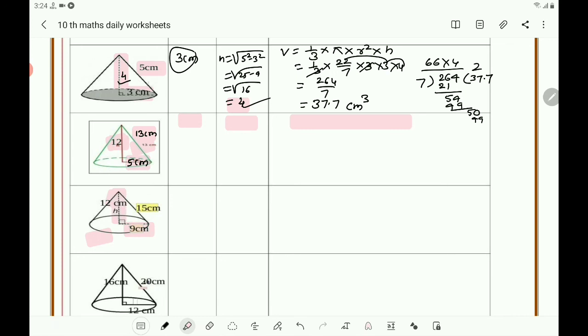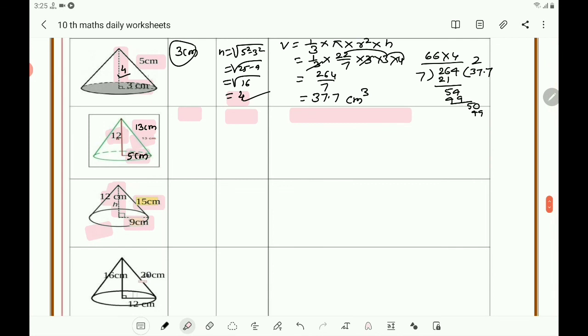Here you observe this height is 12 cm. Don't take this is the slant height. Slant height is 15 cm. So you take 12 cm. Then next you take the next cone. R is 12 cm and height is 16 cm. And write the formula for the volume of the cone and calculate the volume.